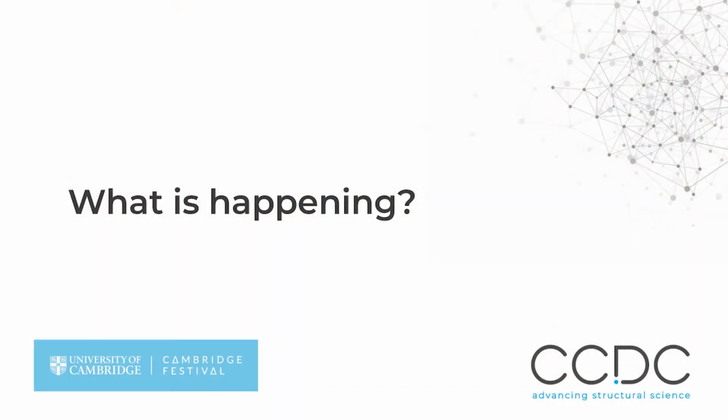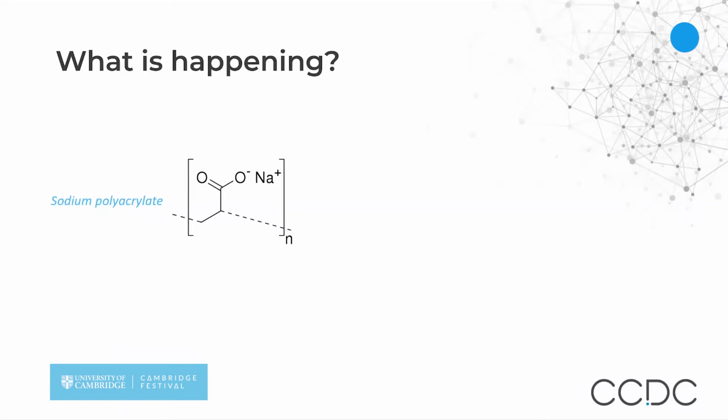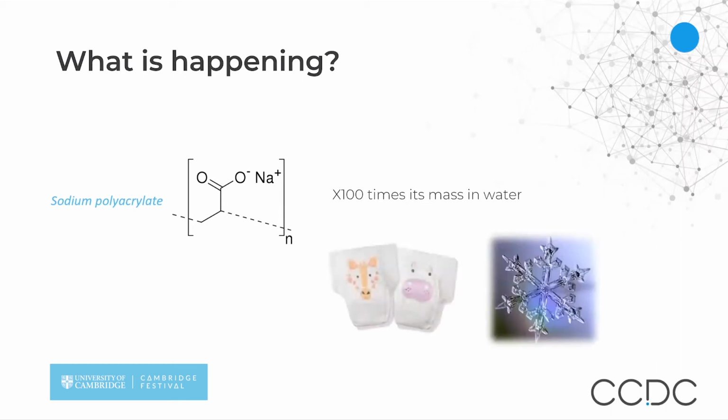What happened? In this experiment, we add water to sodium polyacrylate to make a substance that looks like snow. Sodium polyacrylate is a polymer that can absorb more than 100 times its mass in water. Its ability to absorb water means you can find it in nappies as well as in fake snow.